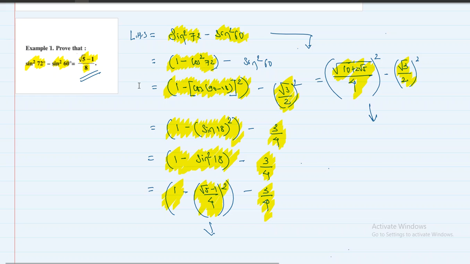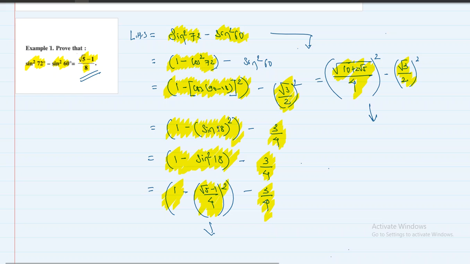So here what I have done is I have first written sin square 72 as 1 minus cos square 72. I have left sin square 60 as it is because I know the value of sin 60 is root 3 by 2, and sin square 60 is root 3 by 2 the whole square. Cos square 72 I have written as cos of 90 minus 18 the whole square, because 90 minus 18 is 72. Cos of 90 minus 18 is sin 18.